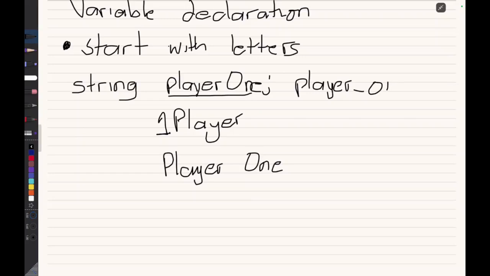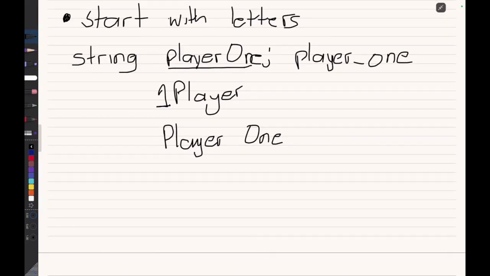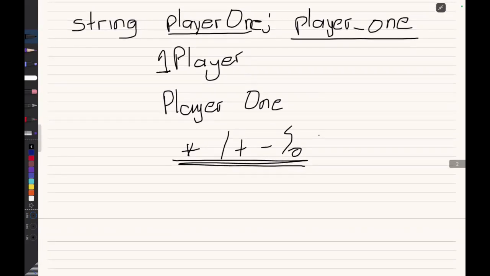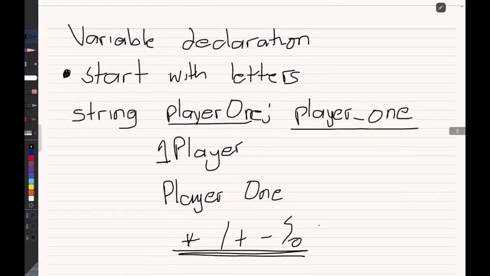And another thing, when you declare variable names, don't include the asterisk, the division, the plus, the minus, or the percentage. Don't include these in your variable names. Even the space, don't include them, right? That's that.